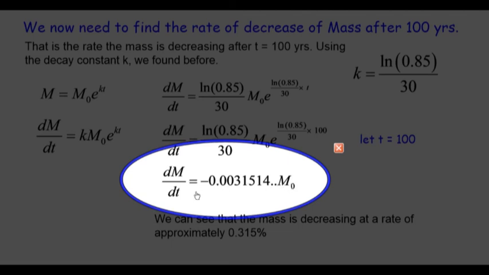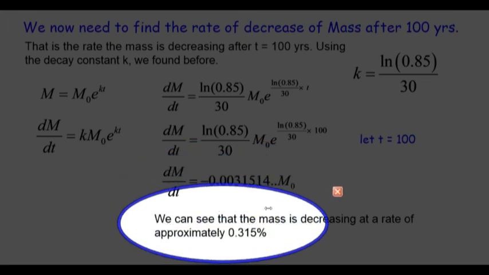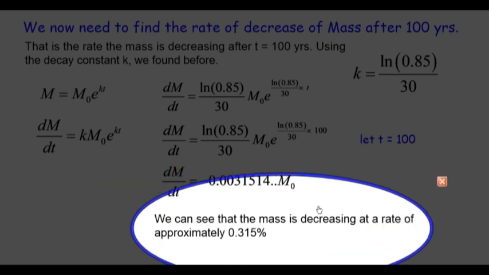So it's decreasing at less than 1% after 100 years. It's decreasing at a rate of about 0.315%, so it's quite a bit less than 1% after 100 years.